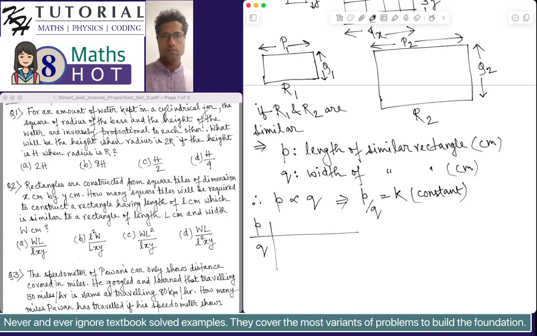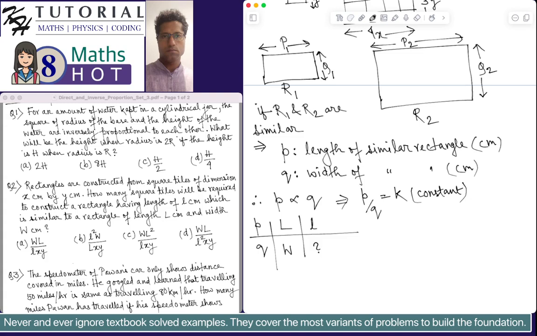So we can consider the value of P as L and Q as W. Now we need to find the dimension of the similar rectangle whose length is given to be small l centimeter. So P is L. We need to find the width of the rectangle whose length is small l.